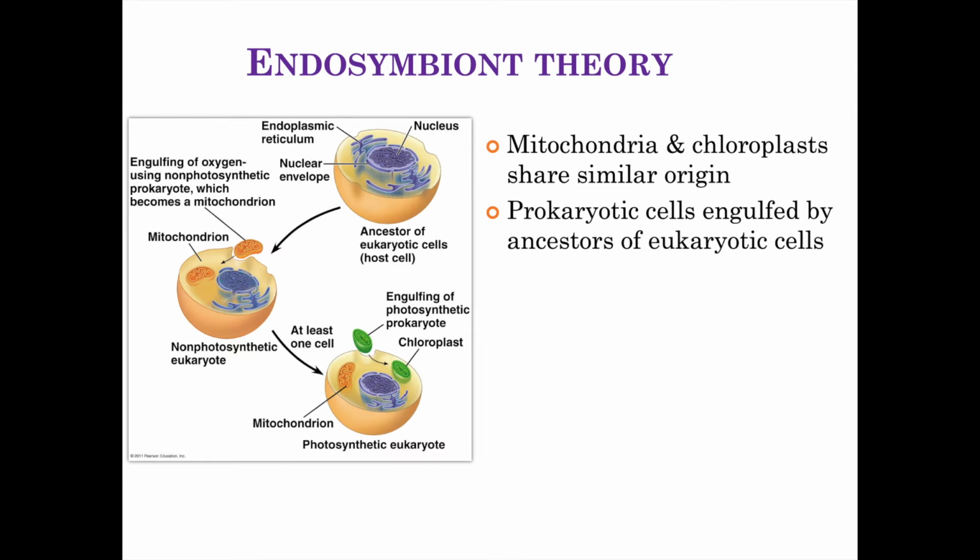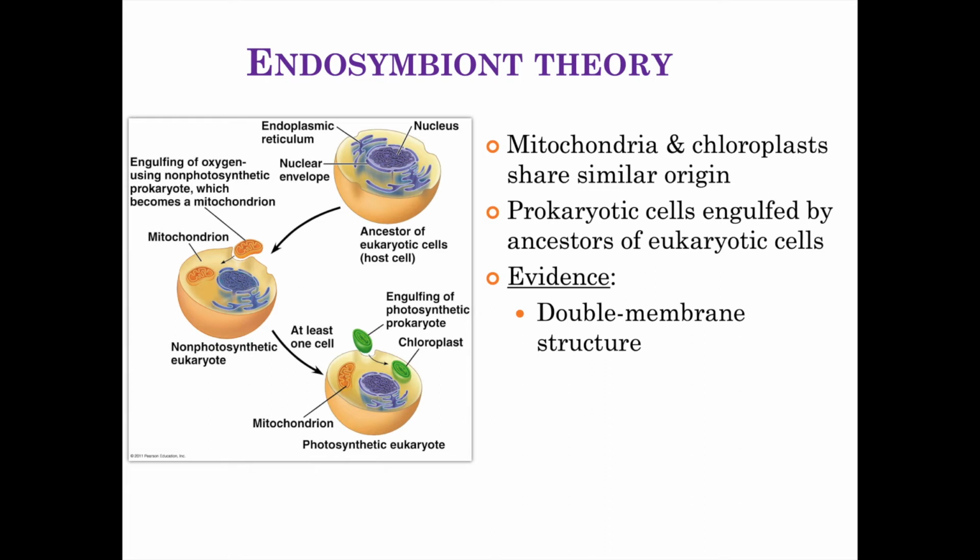So the first organisms that existed on Earth were prokaryotes, and scientists hypothesized that there were photosynthetic prokaryotes that got engulfed by other prokaryotes and then lived in a symbiotic relationship within those engulfing cells. So that's how you get the term endosymbiont, because it's a symbiosis relationship, but endosymbiont means that it lives within the cell itself. And so what is some of the evidence that supports this particular theory?